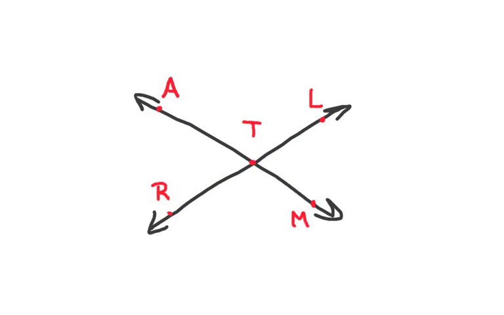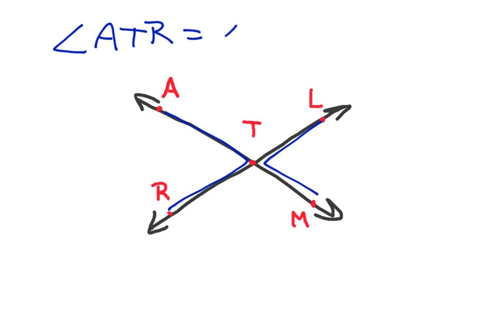So if I were to list the vertical angles, I would list it this way. I would say the two pairs of vertical angles, ATR, LTM, is one pair. I could write that as angle ATR is equal to angle LTM. They're vertical angles, they're opposite each other, opposite the same vertex, and they're equal to each other.